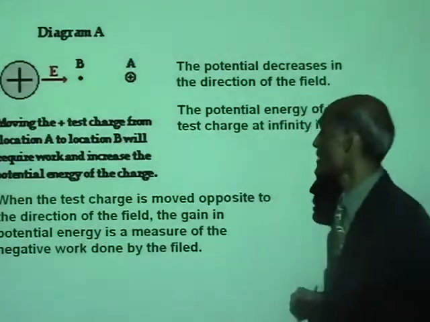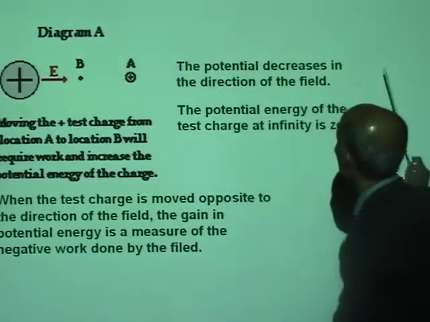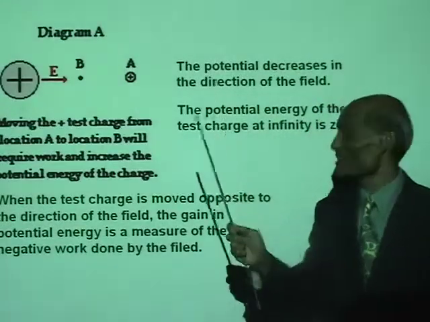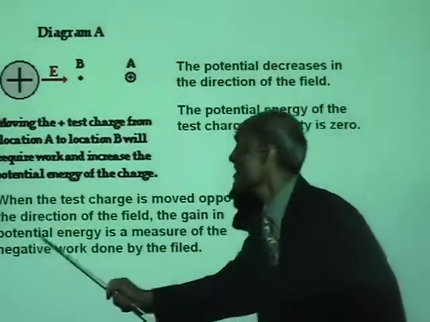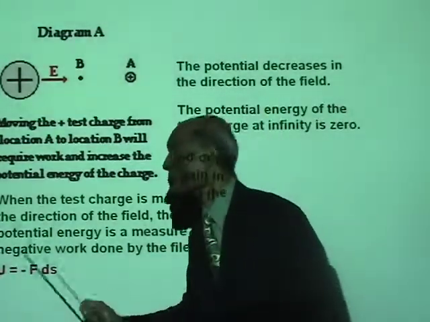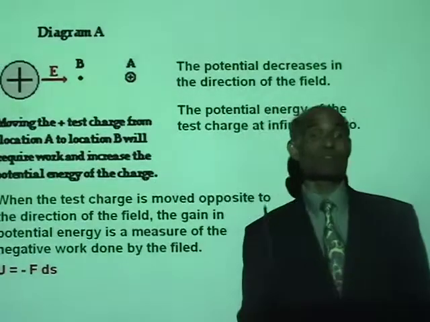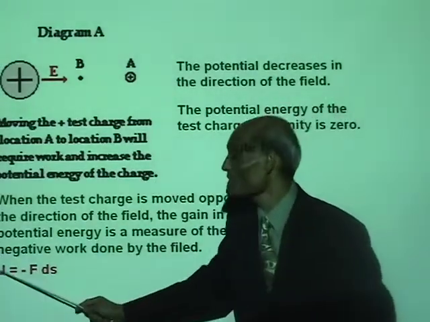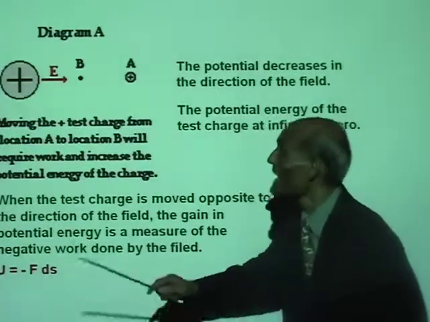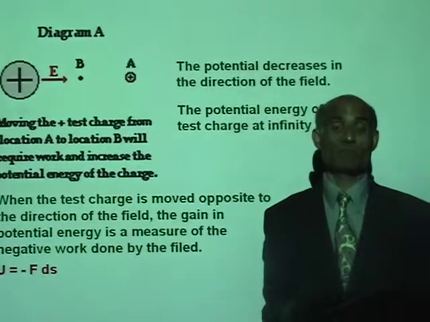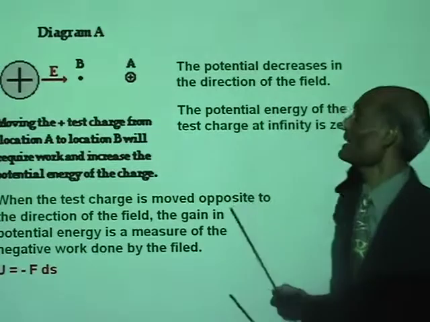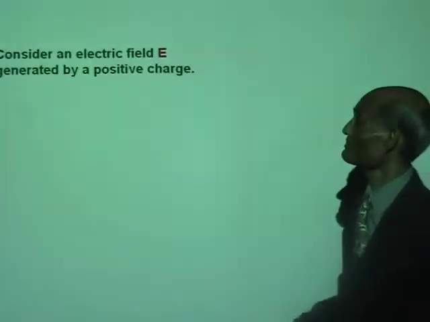So when the test charge is moved opposite to the direction of the electric field, the gain in potential energy is a measure of the negative work done by the force field. Or we write the same equation we wrote for the gravitational field. The increase in potential energy U is negative of the work done by the electric field. Alright? So these concepts need to be clear in your mind when we talk about electric potential.